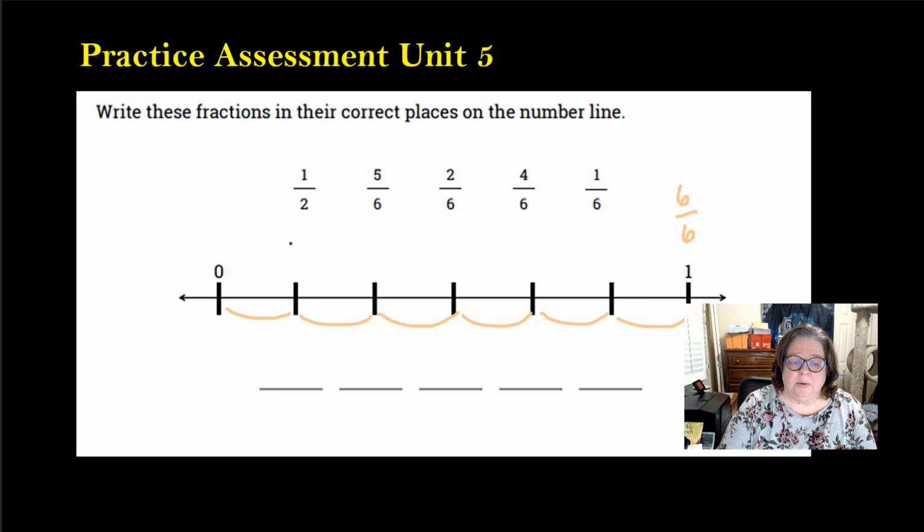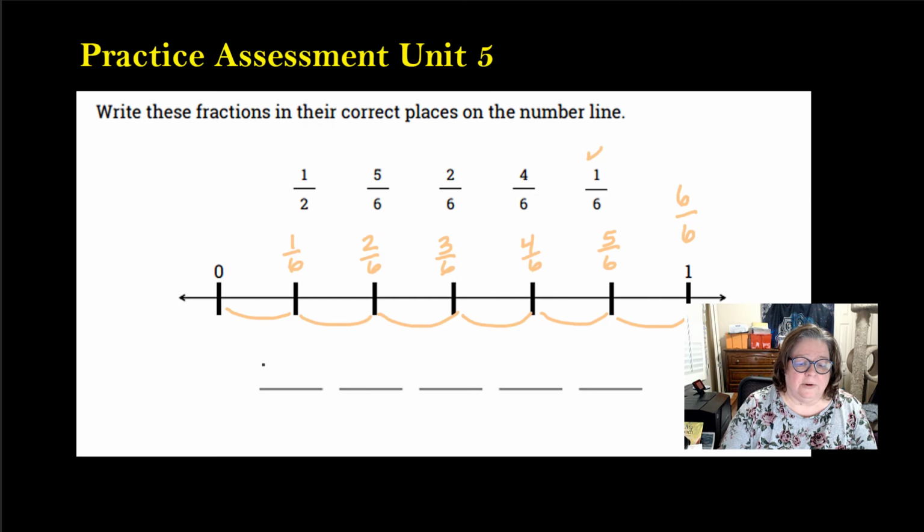Well, this is going to be 1/6, 2/6, 3/6, 4/6, 5/6. We've got them labeled. Now let's make sure we've got the correct places here. Okay, so we did the 1/6, and that's going to go right here.